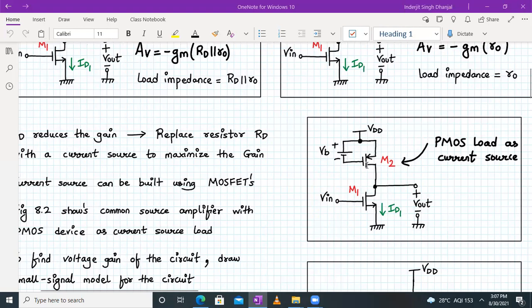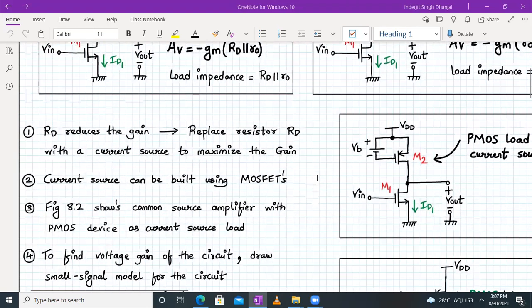This voltage makes sure that the M2 transistor is in saturation, and if M2 is in saturation, this device will work as a current source. So M1 is your driver transistor and M2 is your load transistor, a PMOS load acting as a current source.